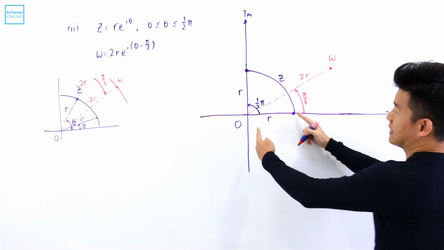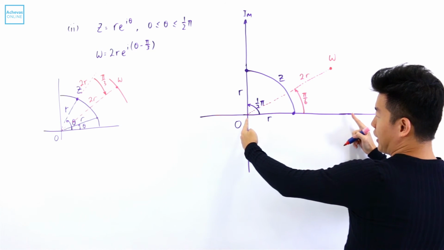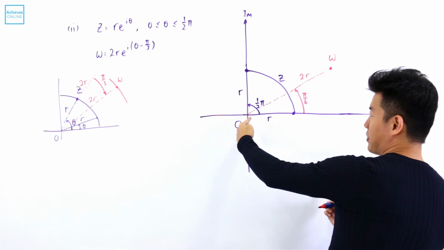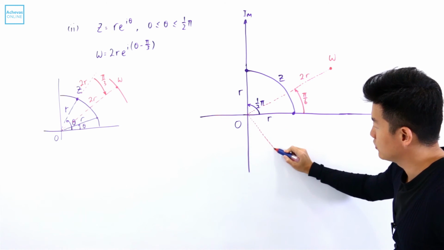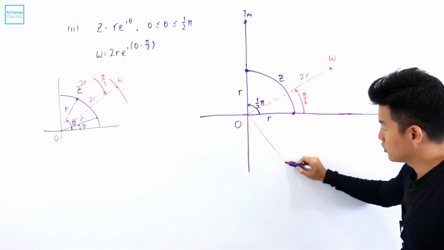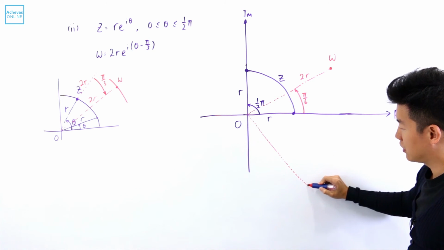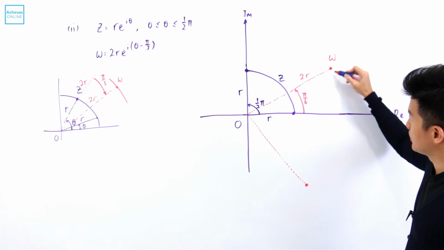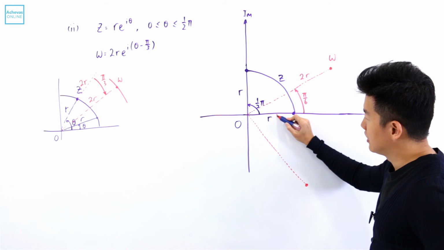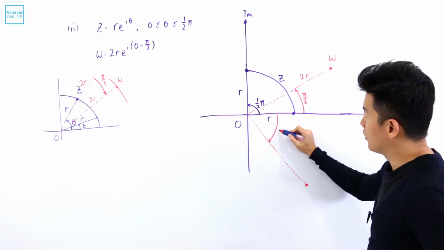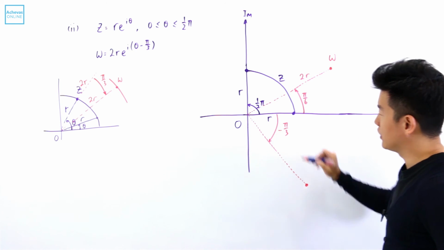So the distance is again 2 times, and it is going to be turned by pi over 3. So the other endpoint of W will be R and 2R. This is the other possible position of W. It is going to be turned from here by an argument of minus pi over 3.